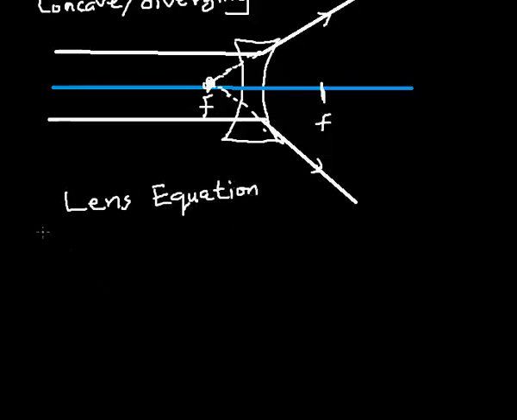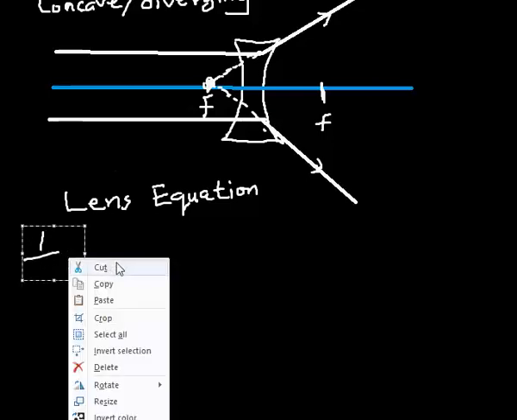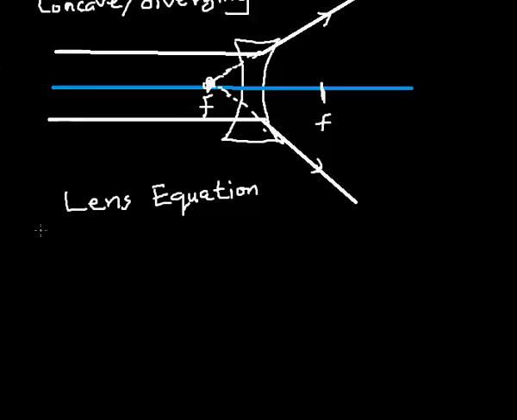The lens equation is still the same equation that we use for a mirror: 1 over f is equal to 1 over u plus 1 over v. Focal length, object distance, image distance.